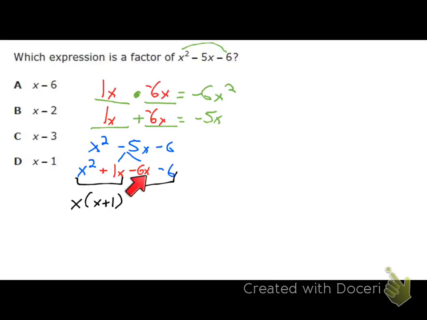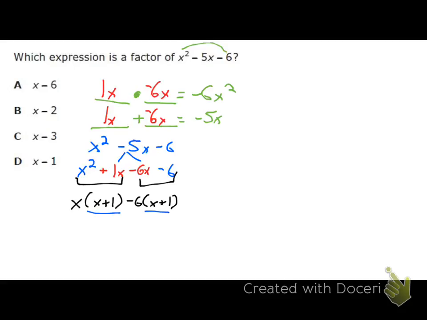In my second two terms, there's not an x in common, but there's a 6 in both. And once again, since this is a negative here, we're going to factor out a negative. And keep in mind, if you're factoring out a negative 6, it's like you're dividing each of these terms by negative 6. Negative 6x divided by negative 6 is x, and negative 6 divided by negative 6 is 1. It's like we undistributed that negative 6.